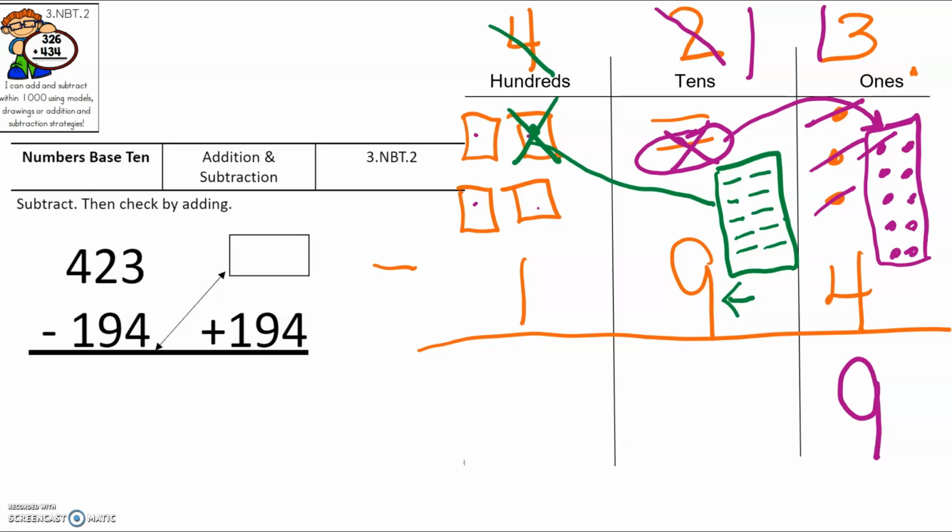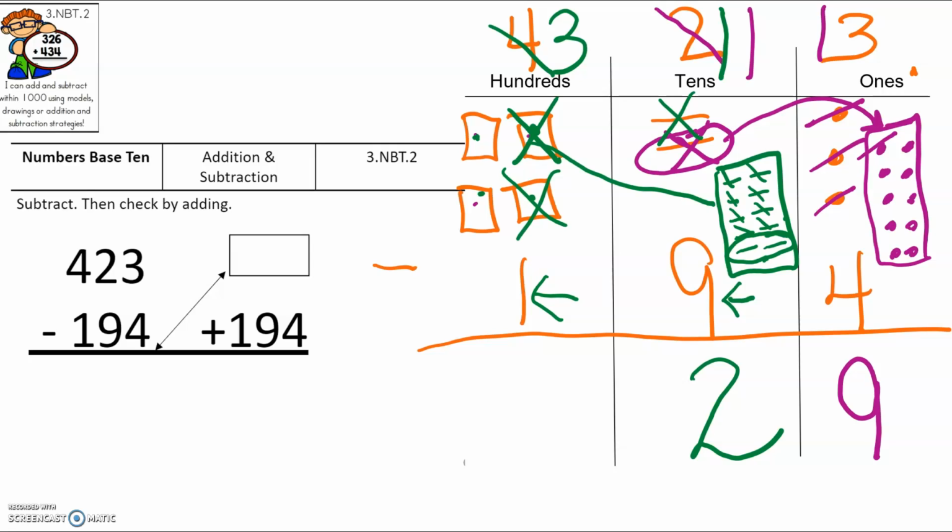So I have 3 hundreds left. 1, 2, 3. And I have 11 tens. Now I can take away 9. So I'll take away 1, 2, 3, 4, 5, 6, 7, 8, 9. And that leaves me 2 left. 11 take away 9 is 2. And over here, I have to take away 100. I can cross that one off. So that leaves me 2 left because 3 take away 1 is 2.